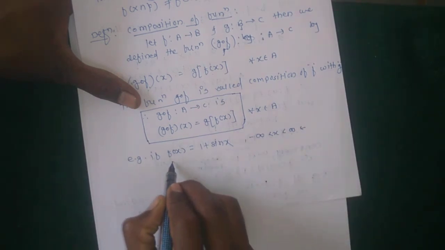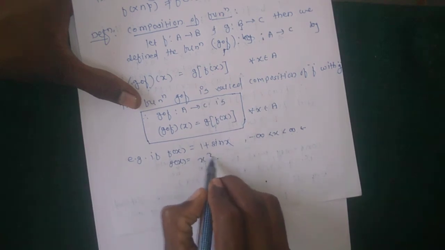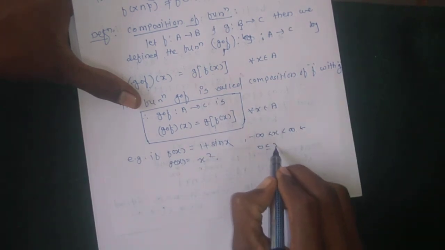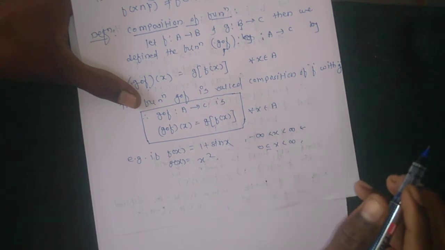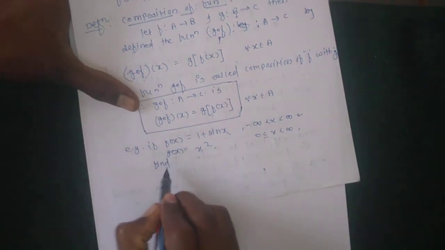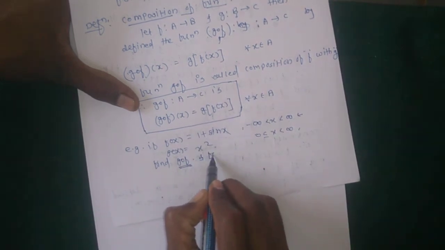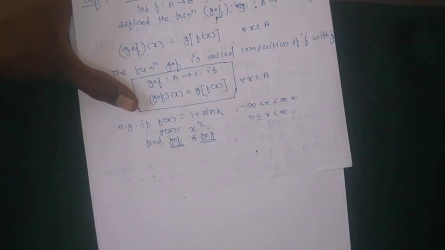Okay, and g(x) = x², suppose, which also belongs to 0 ≤ x < infinity, the set of all nonnegative real numbers. Then we find g composition f and f composition g.